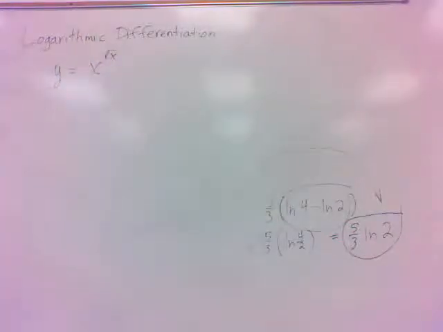If I run into a function, x to the square root of x, what's strange or different about this? I've got variable in the base, variable in the power. So which is it? Is it an exponential or is it a power?